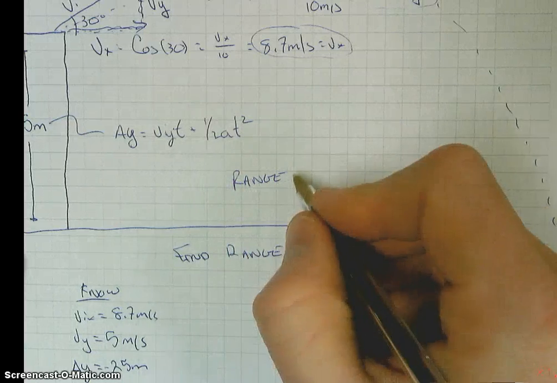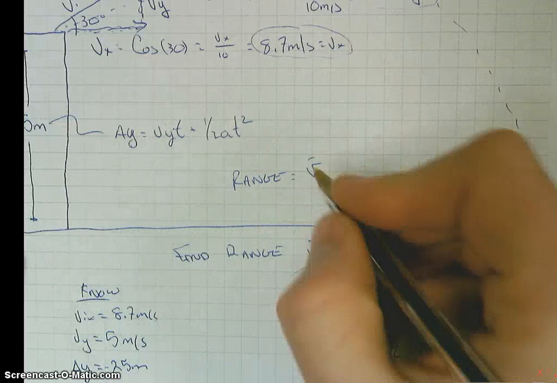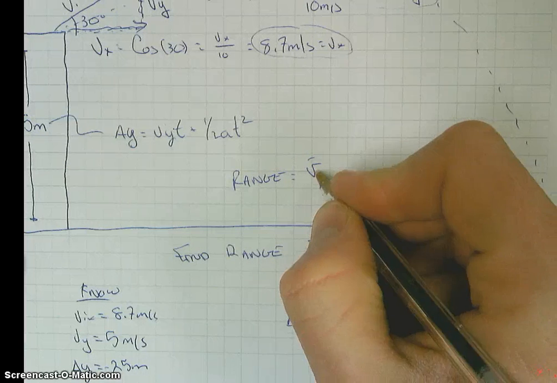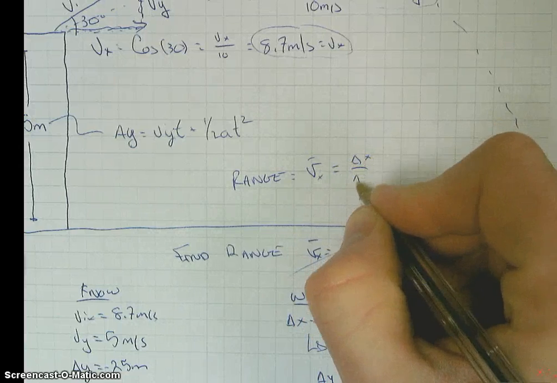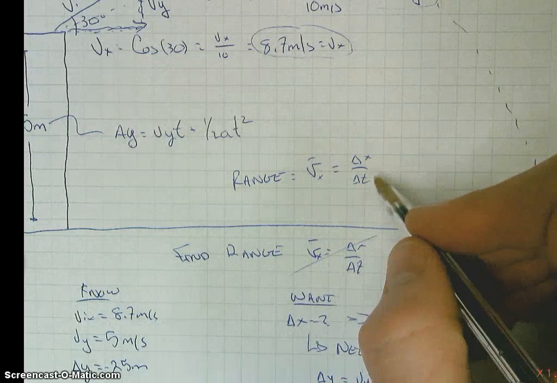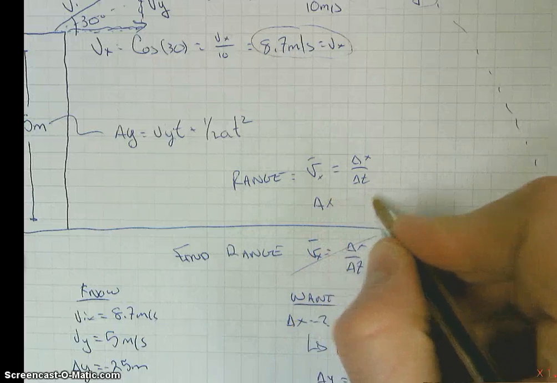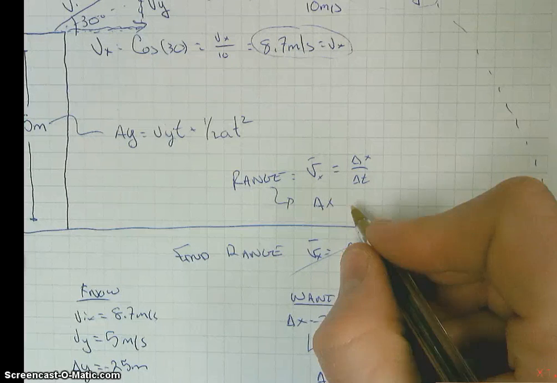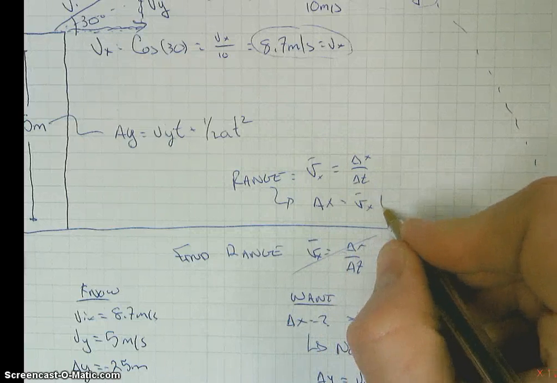Okay, our range equation, if you remember, is average velocity in the x, because this is a constant velocity, it does not change. That's going to be equal to my delta x over delta t, or the time that it's in the air. Now, rearranging, let's multiply both sides by time to get delta x by itself. The distance, or the delta x, the range, is going to be equal to this velocity in the x times our time.